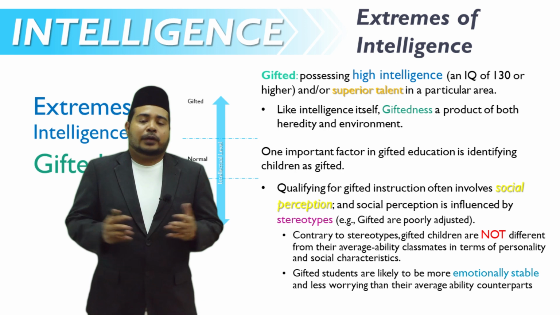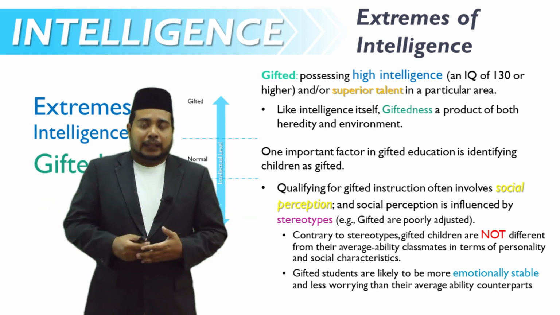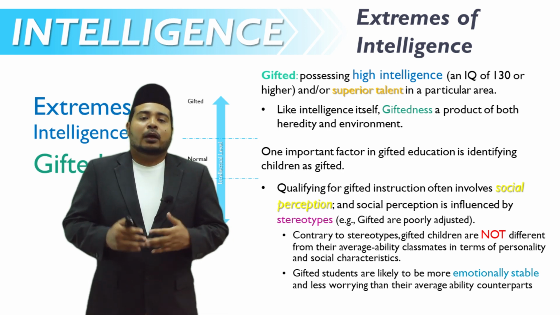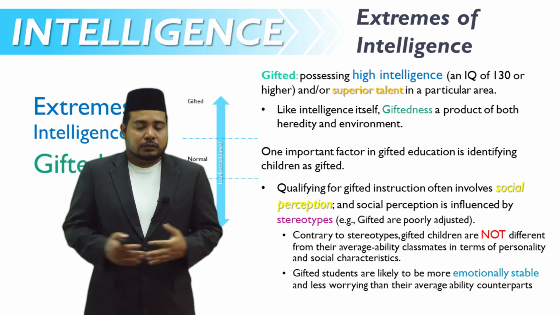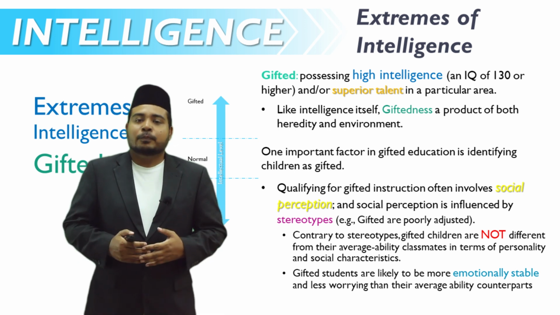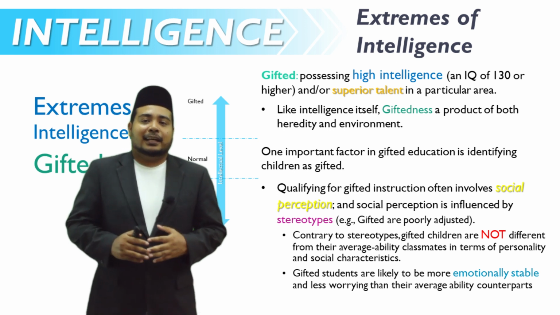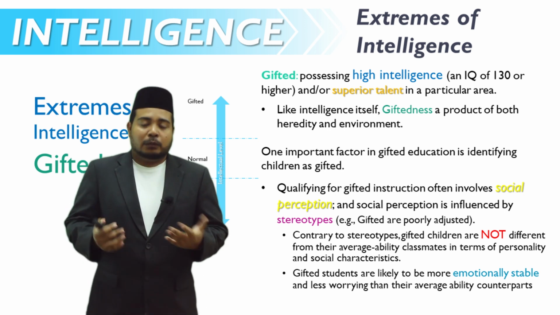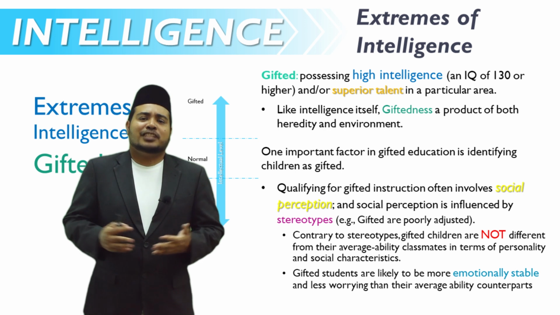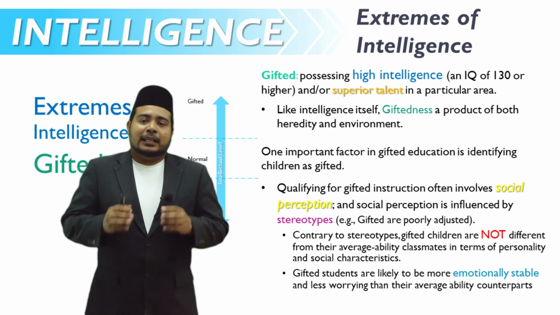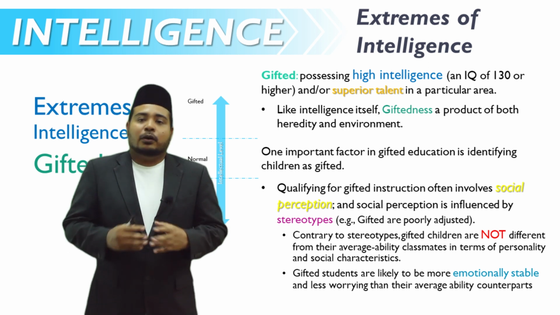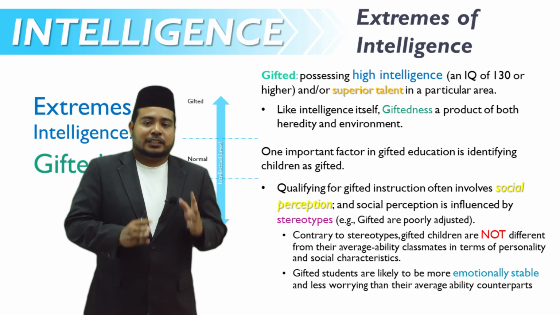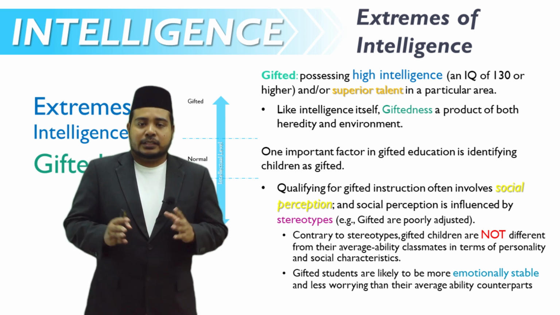For example, in Malaysia, in our context, people whom we regard as intelligent are usually people who have good public speaking skills, presentation skills or communication skills. So if someone scores high in their test but is unable to explain or has a low level of communication or public speaking skill, they're least likely to be considered intelligent. In this sense, the expectation of giftedness, or of people who have high levels of IQ, is influenced by social perception and usually by stereotypes.